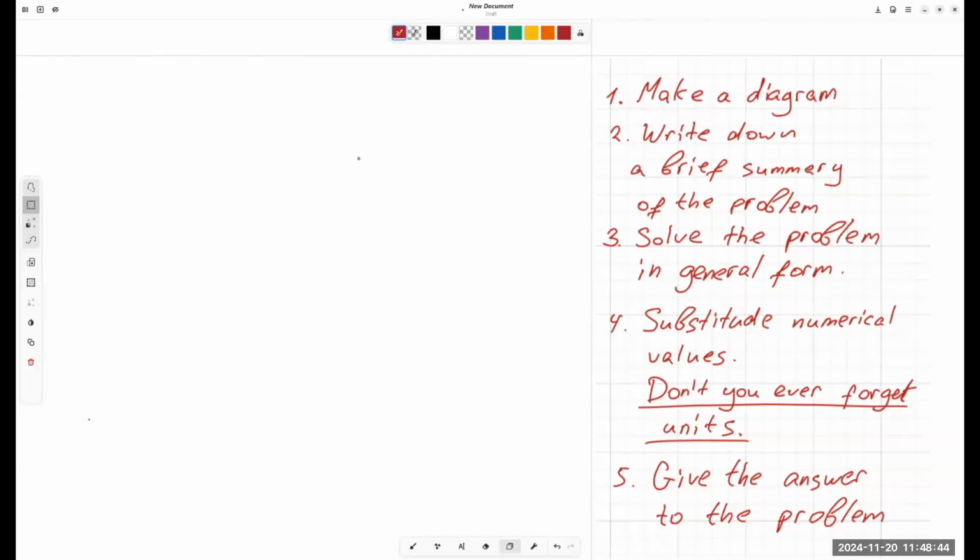So what happens when we solve a problem? First, we are given a problem in words, in a natural language, in human language. So we have a problem given to us in human language, English, Russian, Spanish, whatever, natural language.